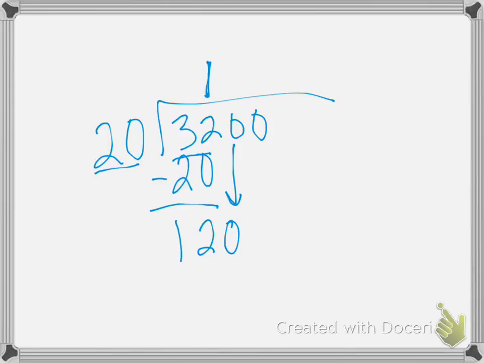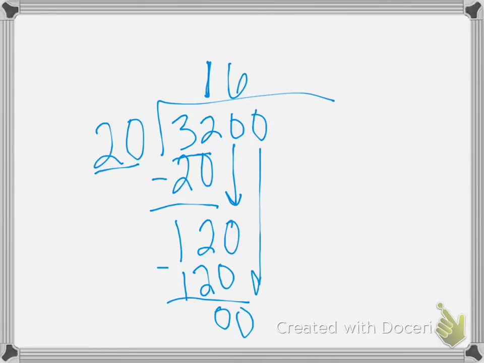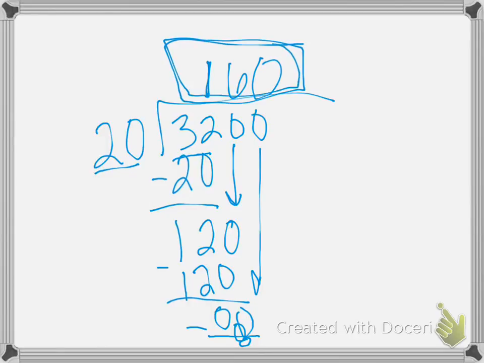How many times does 20 go into 120? 6. 6 times 20 is 120. 0, we got a double 0, so we can either add it up top or do it the long way and say we get the 0. So our estimated answer is 160.